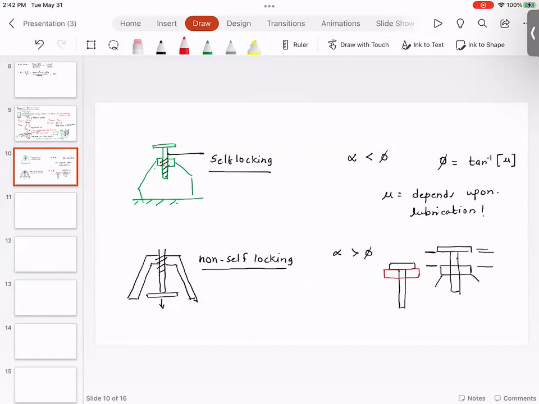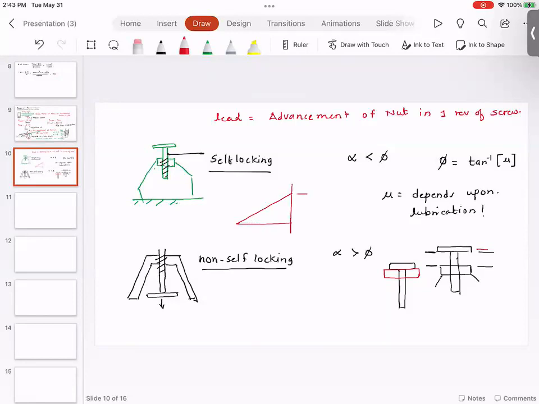So in screws, there is a concept known as lead. Lead is advancement of nut in one revolution of screw. The second concept is, how do you find out the helix angle?